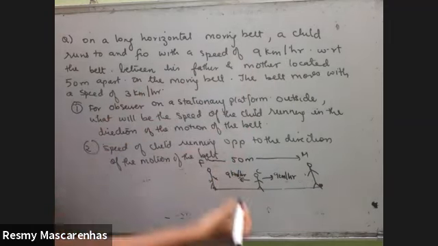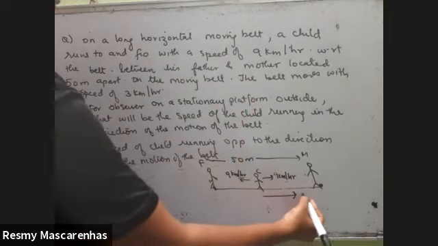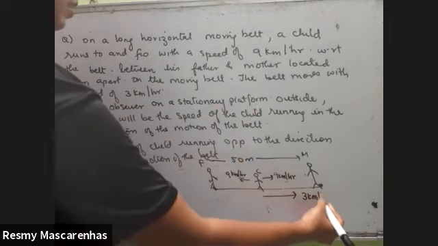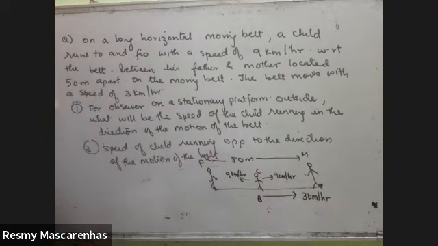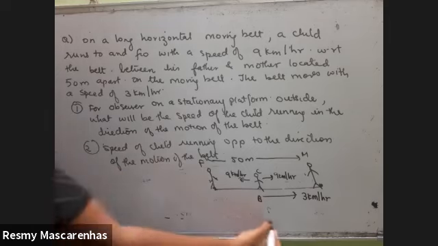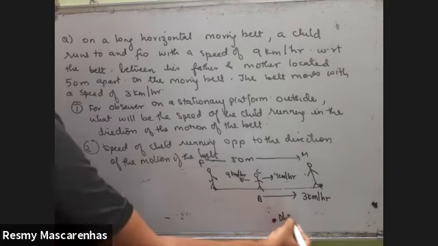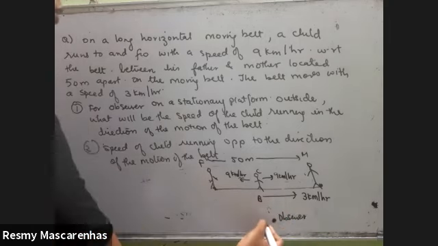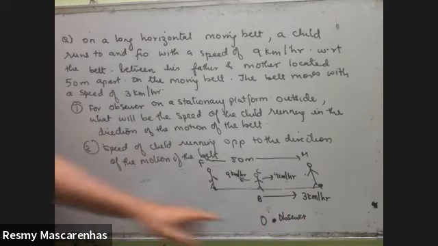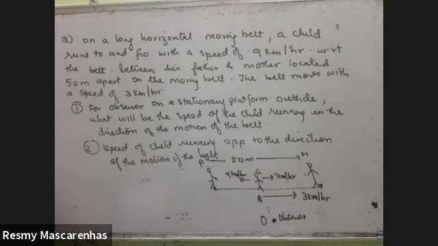Now this belt is moving in just one direction, that is fixed. This is the belt. And from here there is one observer, let that be O. Now he is observing the child who is running on the belt.